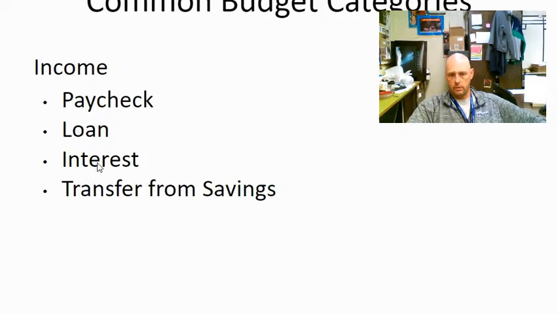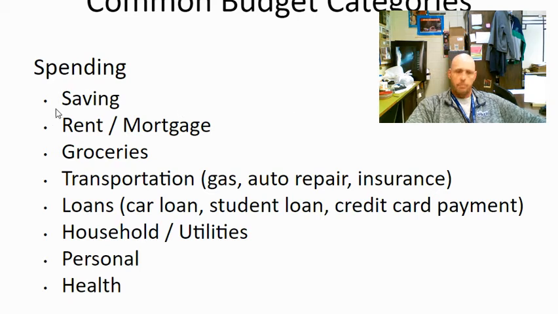Paychecks coming in, loans, interest, transfer from savings, compared to paying yourself first, rent or a mortgage, groceries, running your vehicle, your loans, your household or utilities, things like that, right? These are the after the fact, what actually happened with all my money.